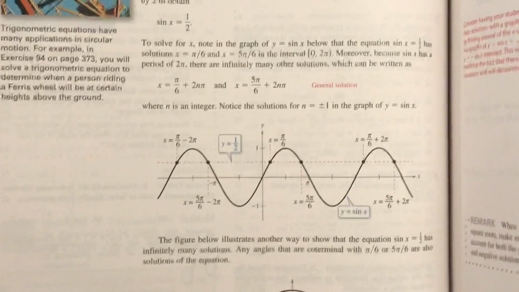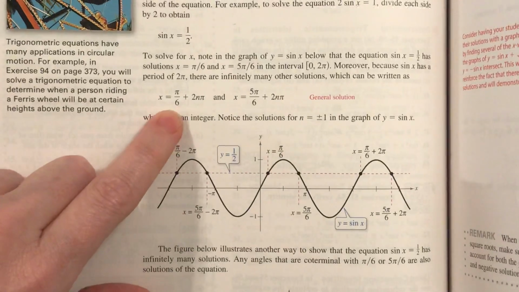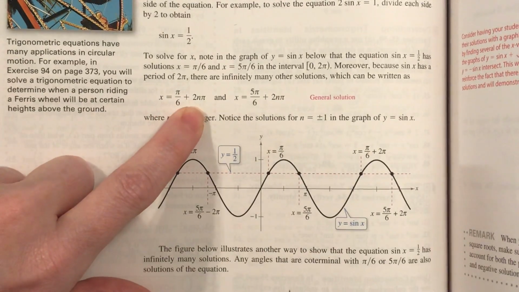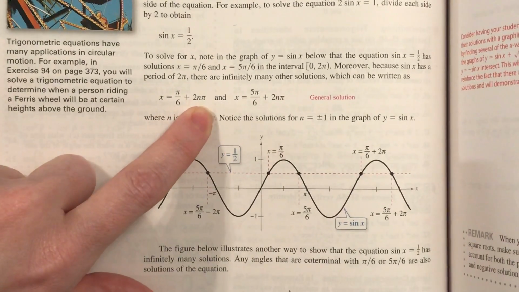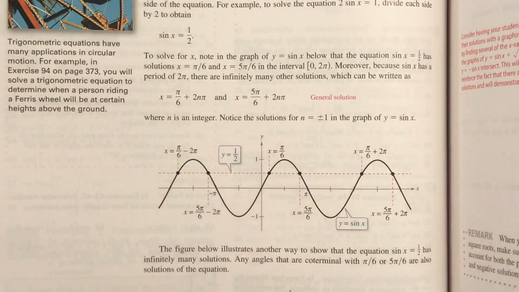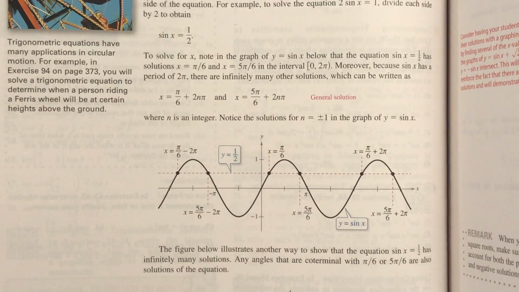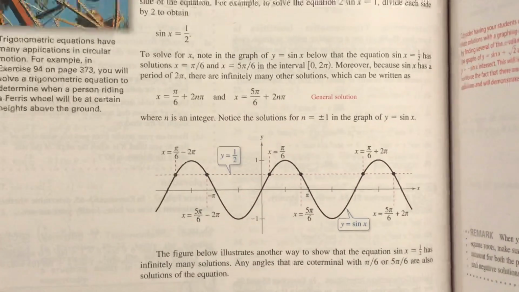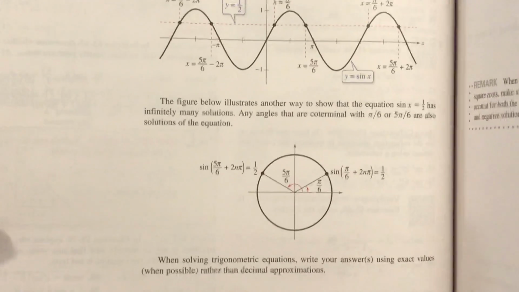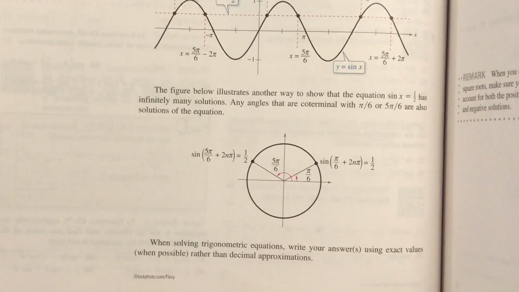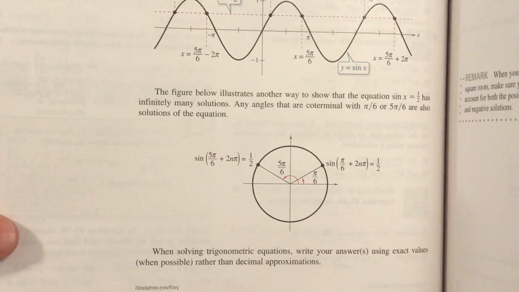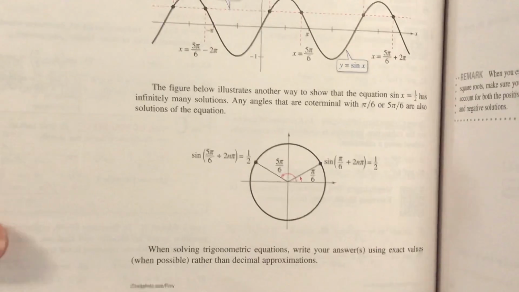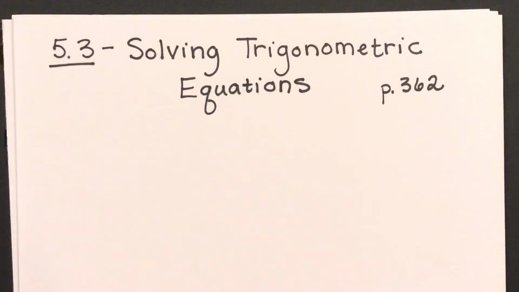So our answer is actually going to be pi over 6 plus 2n pi. I don't like the way that's written. I would write n times 2 pi. But we'll get to that when we work an actual example. I just wanted to give you a little introduction here. And as we work the example, you'll see how we can get an infinite number of solutions.